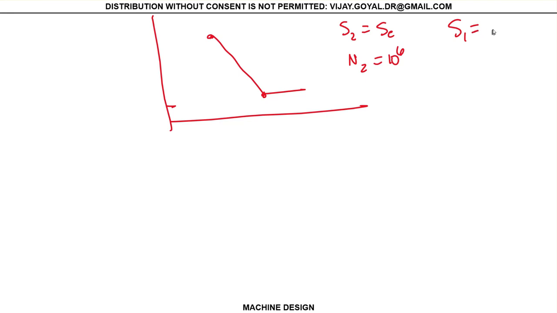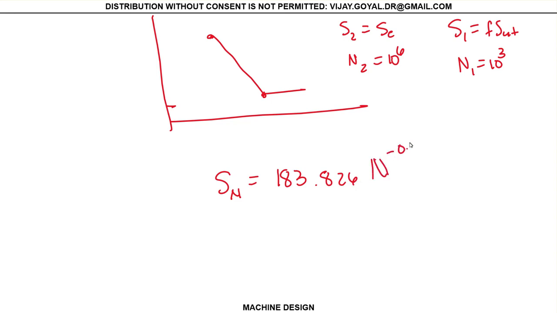S1 will be F times SUT, and N1 will be 10 to the 3. You can use the same equations, and you can show that your Sn is equal to 183.826 N to the minus 0.177.